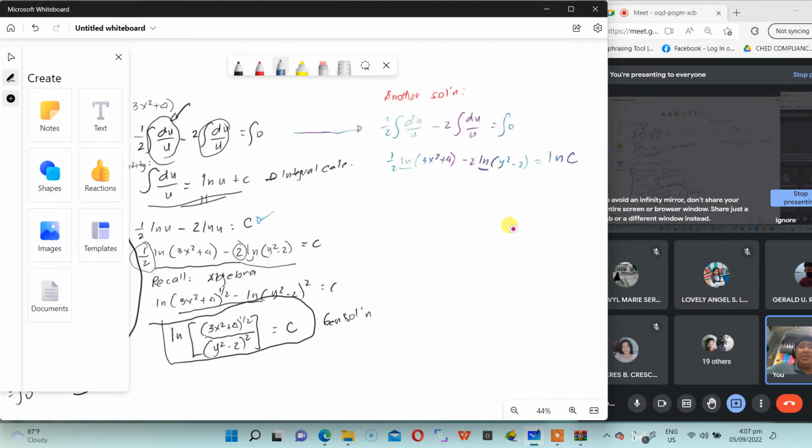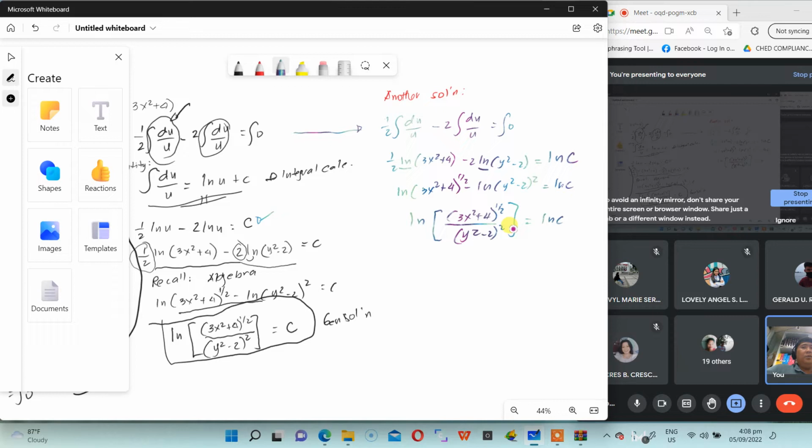In this case, you have ln of 3x squared plus 4 raised to the power of 1/2 minus ln of y squared minus 2 raised to the power of 2 equals ln C. We know that this becomes ln of 3x squared plus 4 raised to the power of 1/2 over y squared minus 2 raised to the power of 2.